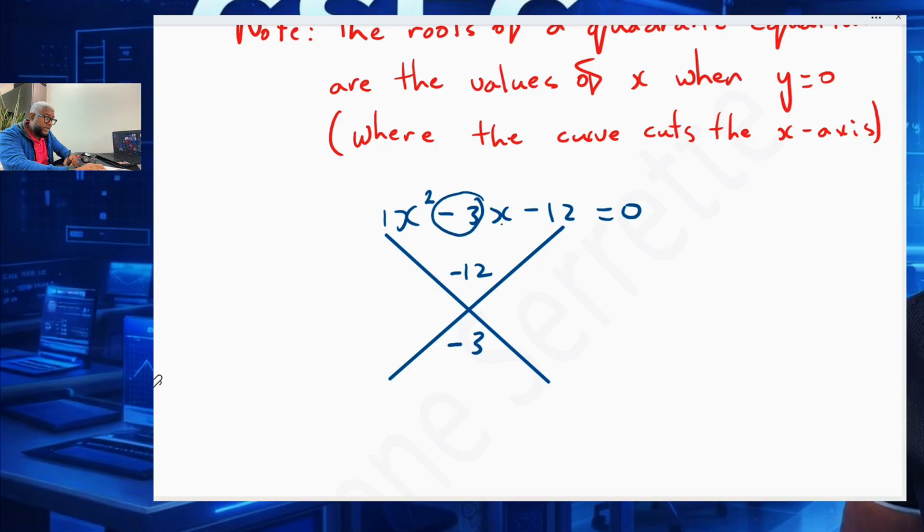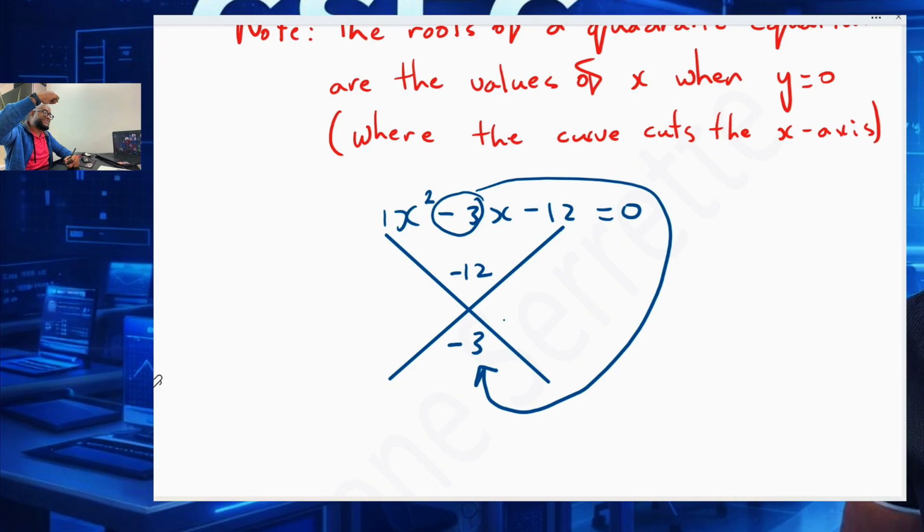Now, you're looking for two numbers that multiply to give negative 12, and the same two numbers must add or subtract to give 3. It's basically 4 and 3, 12 and 1, well, 6 and 2. Could any of those numbers minus to give us 3? No. So, quadratic factorization is not possible.